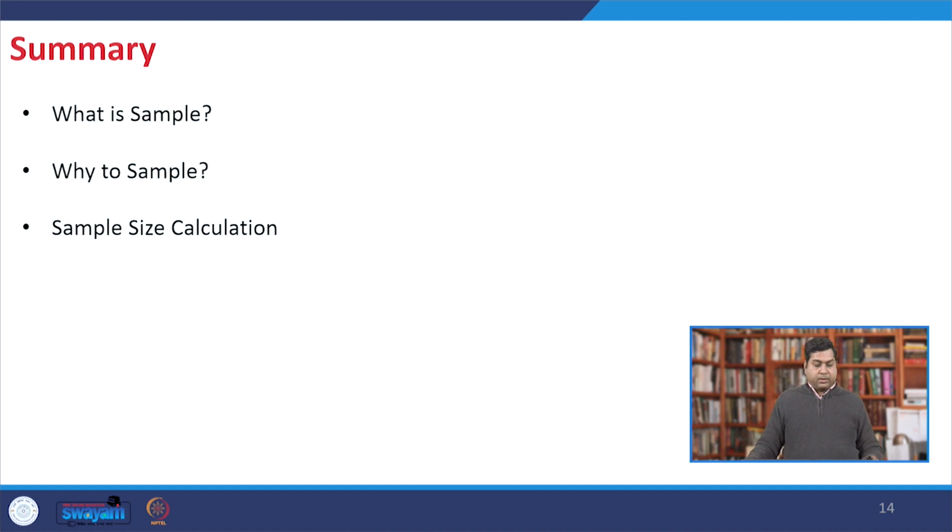So with that, let us summarize this whole presentation. We understood what a sample is and why to sample, what is the need of sample size in research in planning and architecture, and I have also discussed the sample size calculation for one type of research.